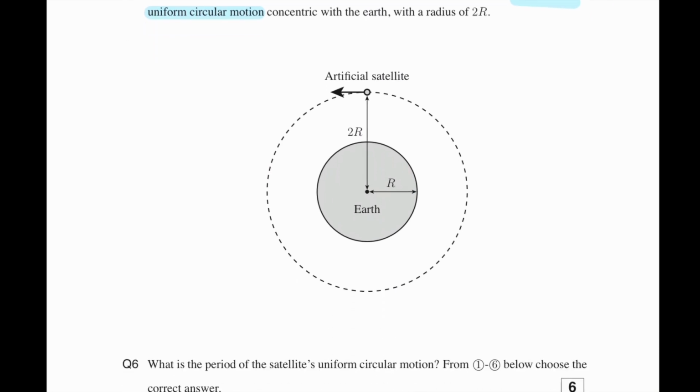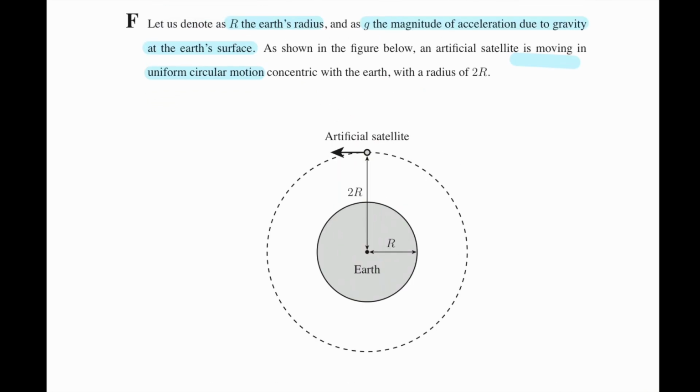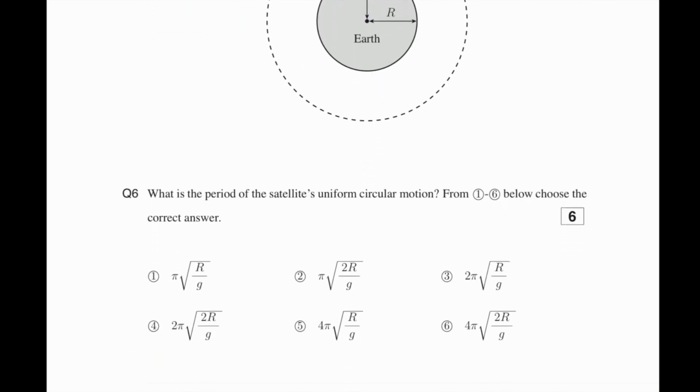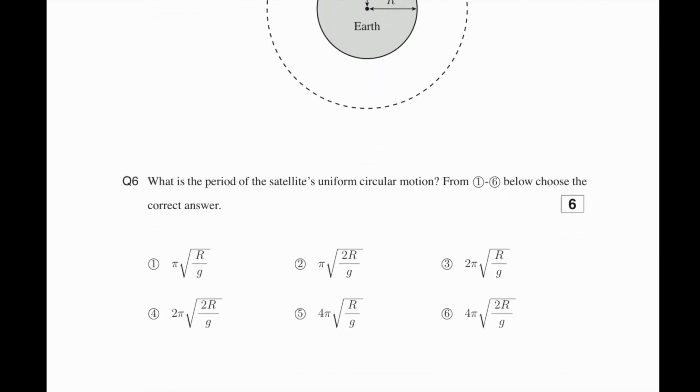So I have an artificial satellite which is moving at a distance 2R from the center of the Earth. The question is, what is the period of the satellite's uniform circular motion? We want to find the period of the satellite's circular motion.